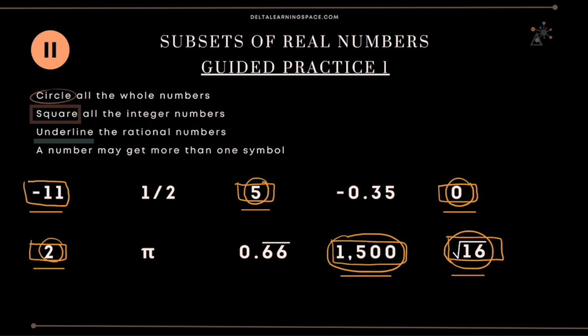Anything that can be represented as a ratio or a fraction is rational. Terminating decimals are rational. And repeating decimals are rational. The only number that we have that will not get any symbol is our value pi, because that is irrational. So I'm just going to X that out.